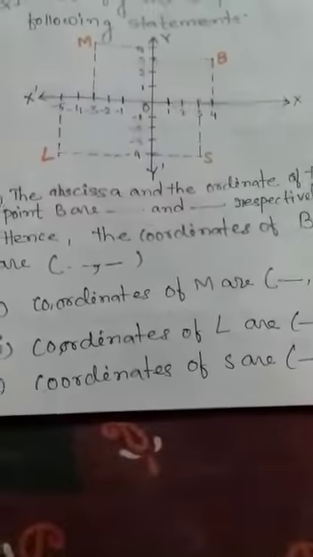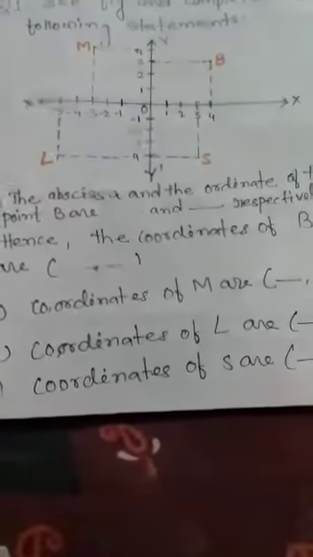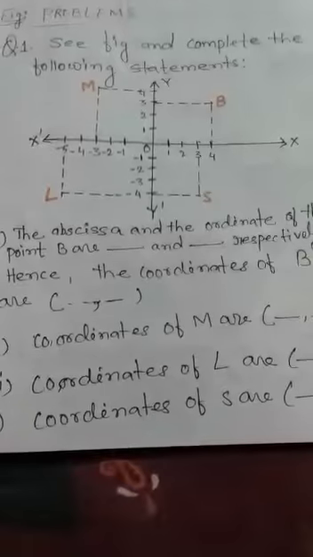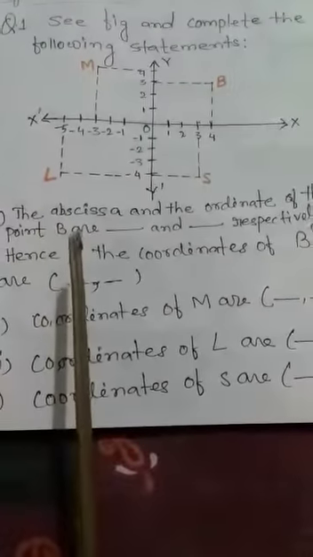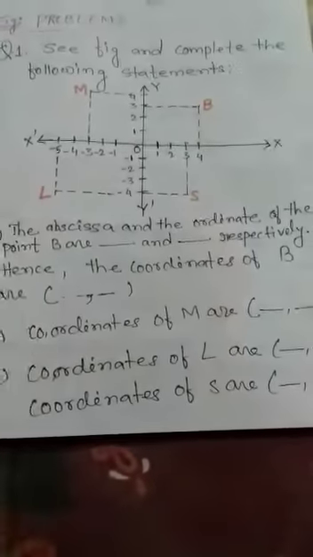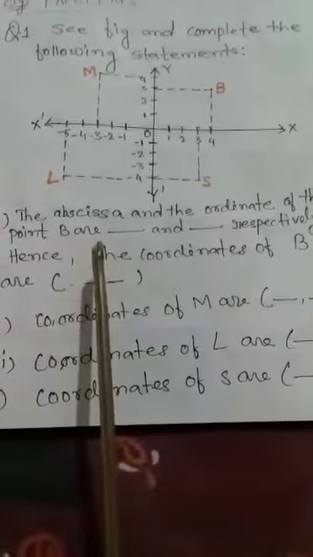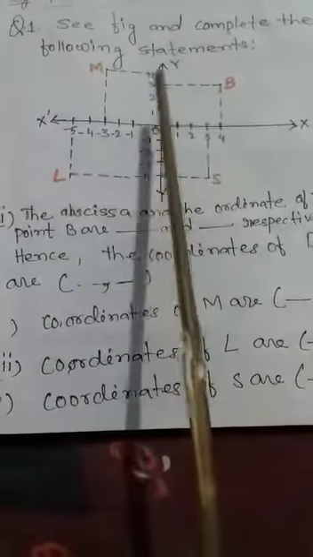I told you what the abscissa and the ordinate are. In our previous class, we have discussed all these things. Now here you see the abscissa and the ordinate of the point B. Abscissa we know, and ordinate also we know. So here abscissa is 4 and ordinate is 3.